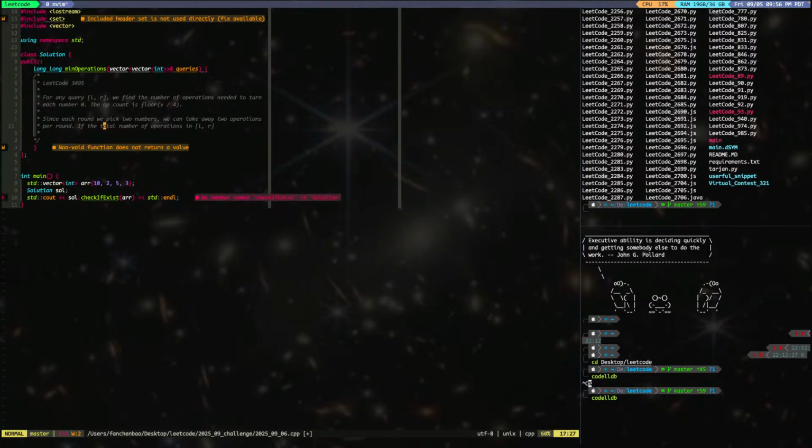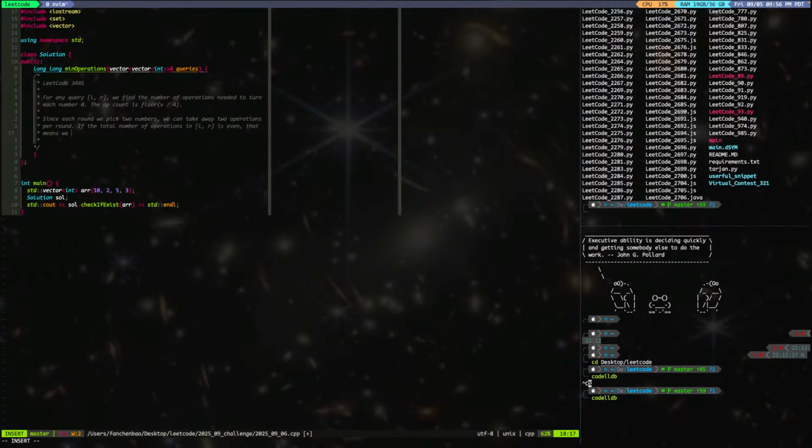If the total number of operations is even, that means we won't waste any round. Every single round we will handle something. Otherwise, we have to waste 1 additional round.